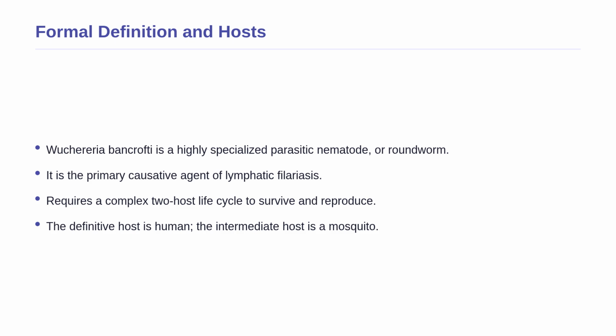To survive, feed, and reproduce, this parasite relies on a complex two-host life cycle. It requires a human as the definitive host, where the adult worms live and mate. It also requires a mosquito, such as Culex, Anopheles, or Aedes, acting as the intermediate host and biological vector to transmit the disease.